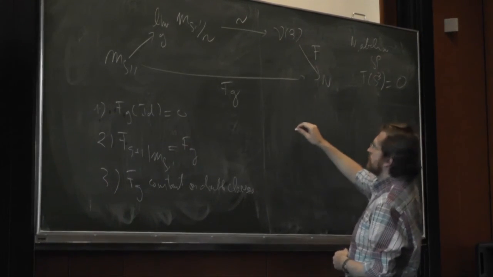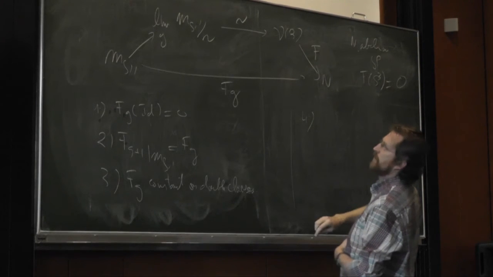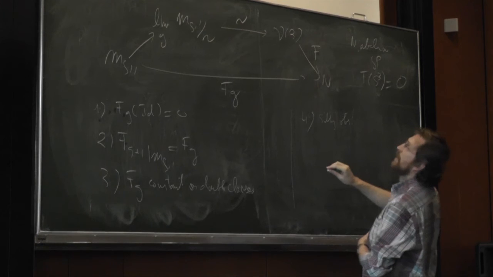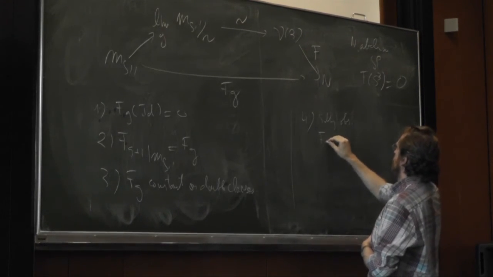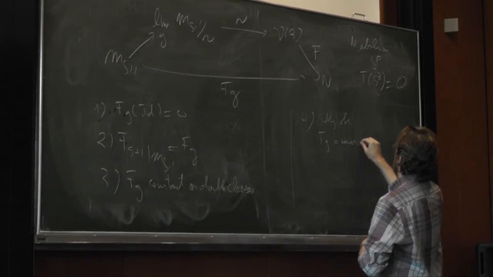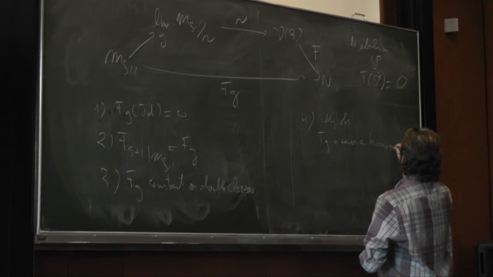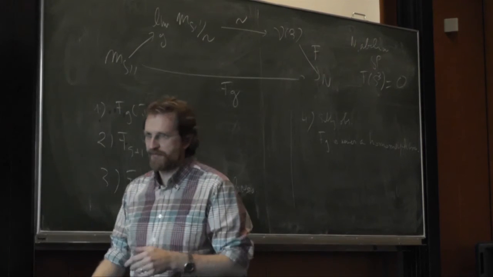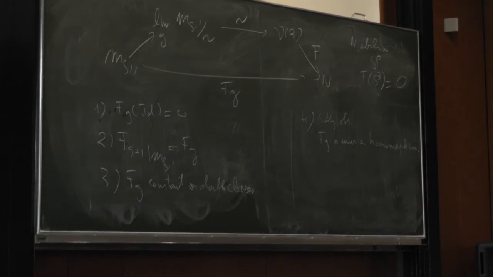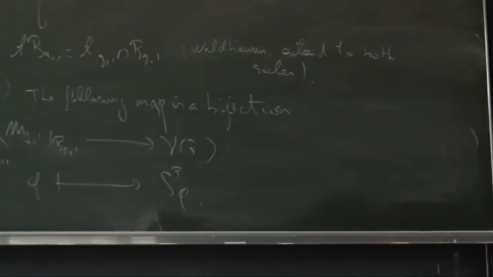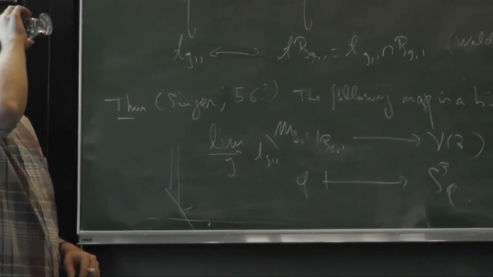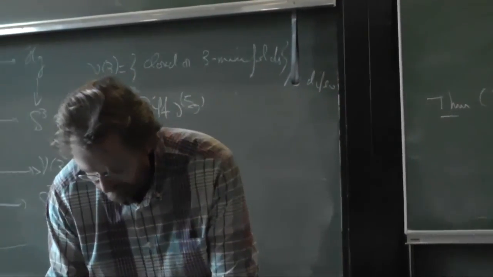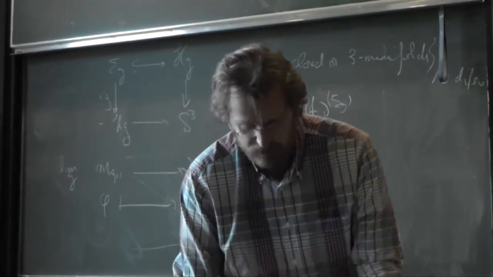And fourth, for the moment, a silly observation is that FG is never a homomorphism, just because there are no homomorphisms. But this will be important in a moment. Okay, so these are the first actors of this picture.